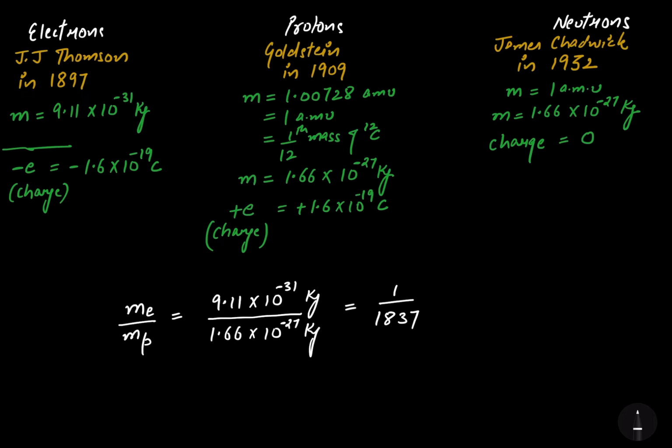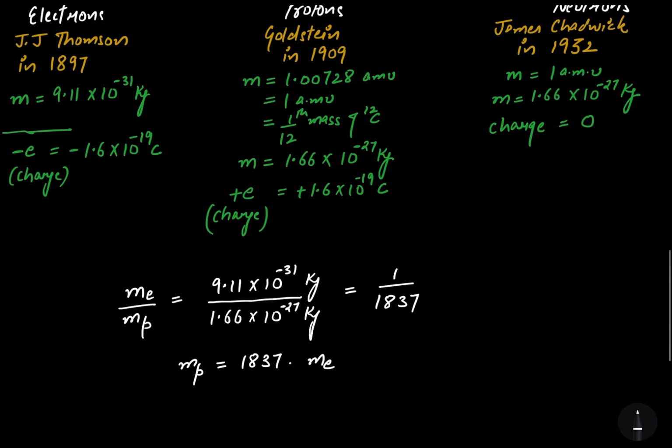It signifies that the proton is 1837 times heavier than the electron. So when we talk about the mass of a whole atom, we usually talk about the mass of nucleus only, because the mass of electron is negligible as compared to protons and neutrons.